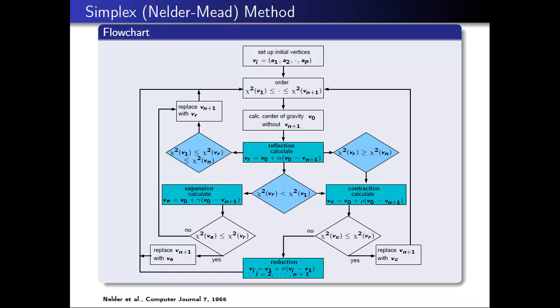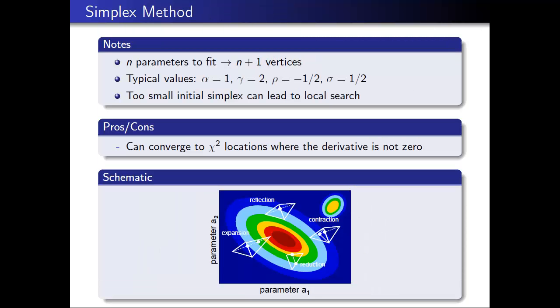If you are bigger than the largest chi-squared value, then you contract. After flipping, you pull back that vertex, and you determine whether the contracted point is better or not, and you go through. So basically, it's this triangle that's flipping, expanding and contracting through chi-squared space.